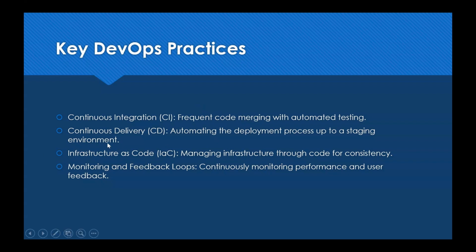The third key DevOps practice is infrastructure as code. We code all the infrastructure and keep that in version control so that we can use the CI/CD pipelines to deploy our infrastructure as well, to manage the consistency across the environments. You might want to create the same kind of environment in your dev environment, staging and production as well.